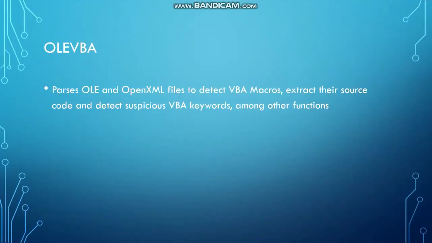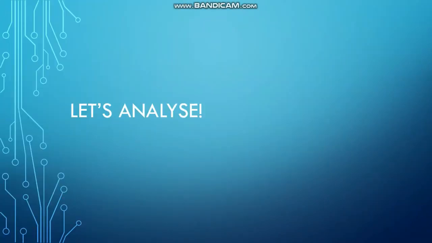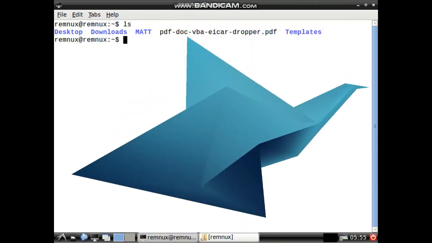Last but not least, we will also be using Oli VBA, which parses Oli and OpenXML files to detect VBA macros, extract their source code, and detect suspicious VBA codes, among other functions. So, let's get started. Let's head on to Remnux.